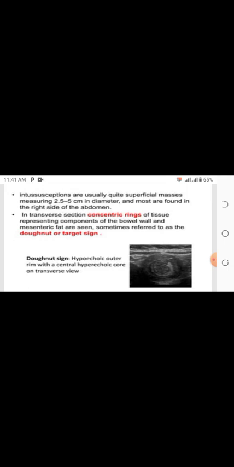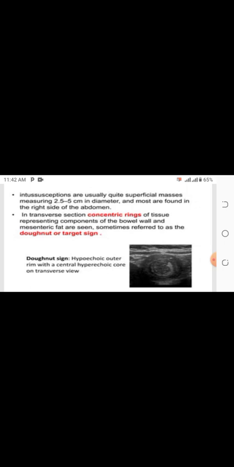In the transverse section of the abdominal ultrasound, you could see concentric rings of tissue representing components of the bowel wall, and mesenteric fat are seen, sometimes referred to as the donut or target sign, which we see in this drawing under here.